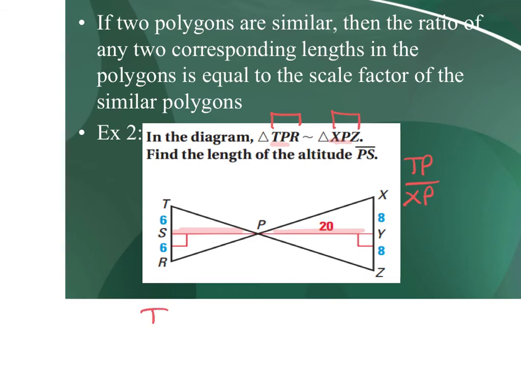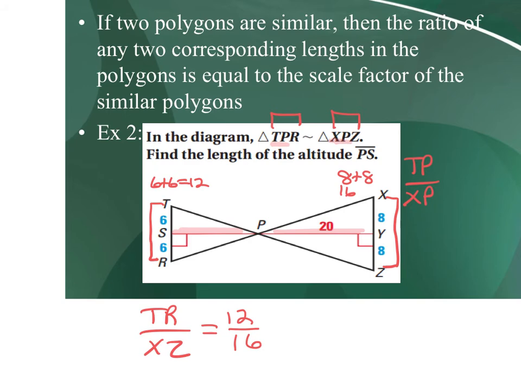So I could put TR over XZ, because that's where the numbers are. The length of TR is 6 plus 6, so the length of TR is 12. The length of XZ is 8 plus 8, and that's going to be 16.